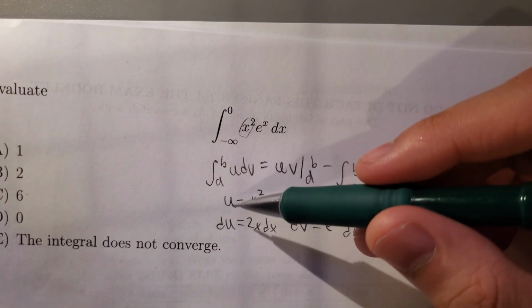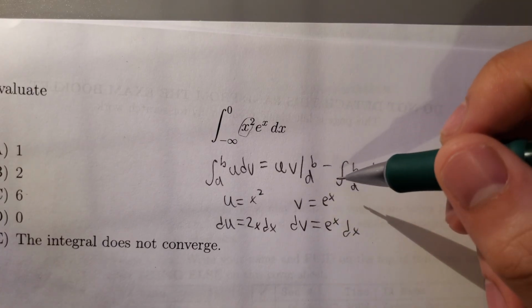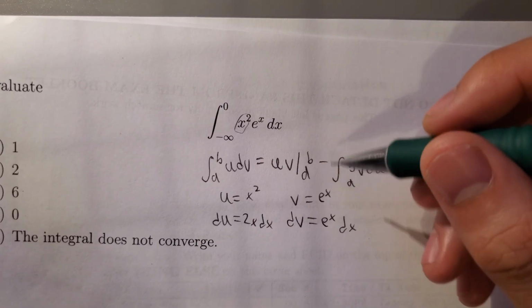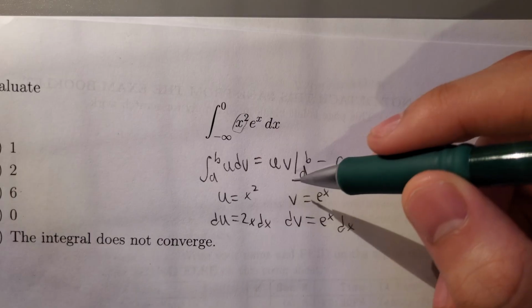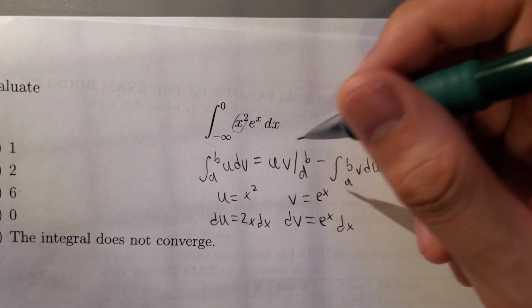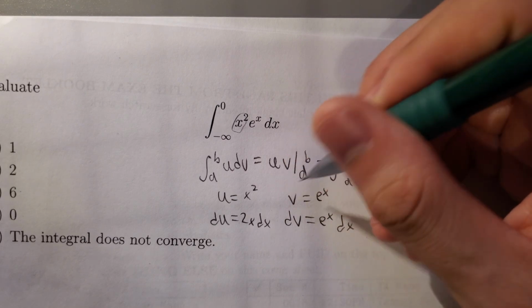And now that we have our u, du, v, and dv, we can plug everything in to the original integration by parts formula and evaluate from there. And since this is a definite integral, we're going to have to plug in the boundaries individually every time we come up with a uv term like this.